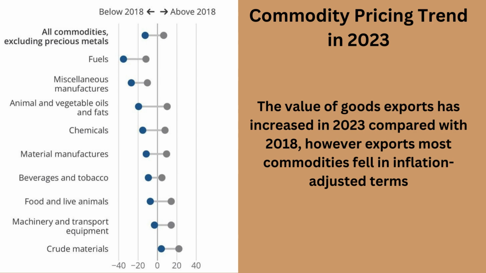Export of animal and vegetable oils and fats and fuels again saw the largest differences. Export of animal and vegetable oil and fat rose in value terms but fell substantially in inflation-adjusted terms, while fuel export fell in value terms but fell by a larger amount when adjusted for inflation.